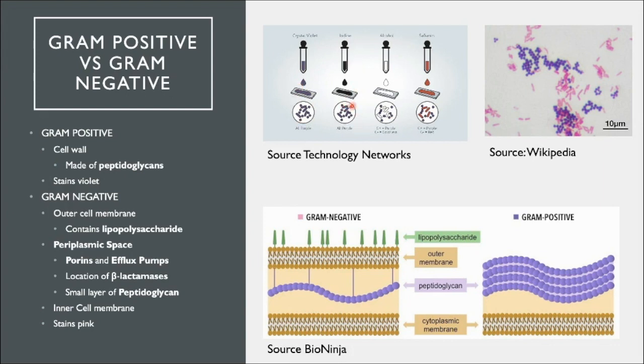The iodine helps fix it to the cell wall, with the alcohol removing anything that wasn't bound to the cell wall. And then finally, the safranin is a counterstain that doesn't necessarily stain gram negatives per se. It actually stains everything, but the gram-positive stain, the crystal violet, overrides it.